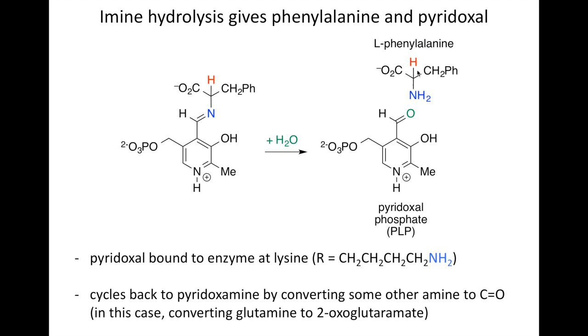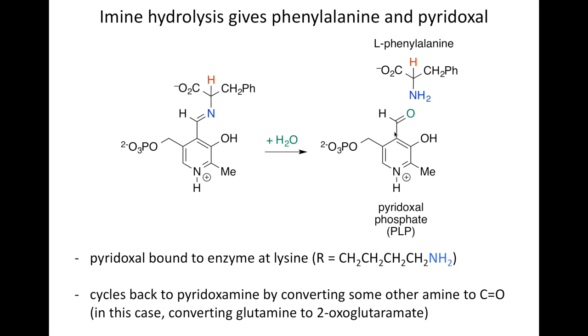So this used to be a C=O double bond. This used to be an NH2. They've changed partners. Now I have phenylalanine, one of the 20 canonical amino acids, and I have PLP, pyridoxal phosphate, which is now going to cycle back to pyridoxamine by doing this reaction somewhere else in reverse.